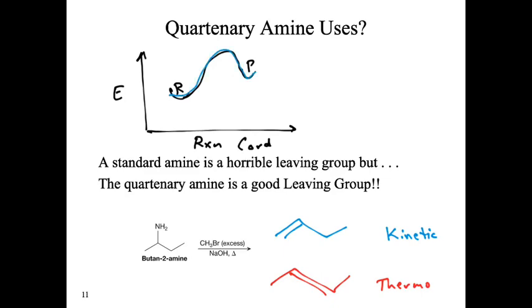Well, if this one's the kinetic product, and this one's the thermodynamic, according to another rule, Hammond postulate, the transition state is closest in energy to the reactant or product that it is closer to. It's closer in energy to the product, so our transition state energy drops. What does that mean? Our thermodynamic should theoretically go a little bit faster. Okay? That was the overwhelming observation made by Zaitsev.